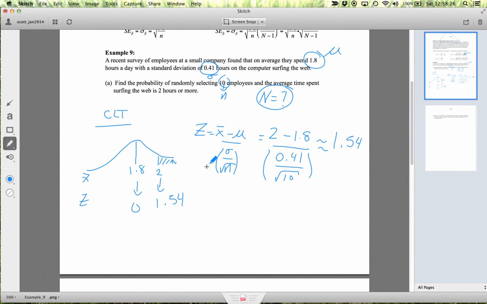Now all we need to do is go to our z table to find out first the cumulative probability, and then to find the probability we're interested in, do the complement of our cumulative.